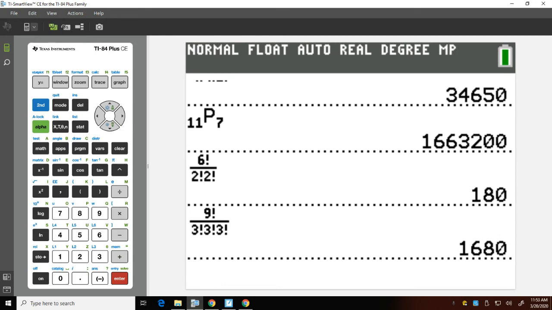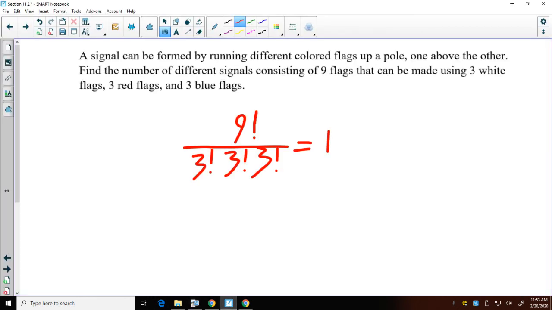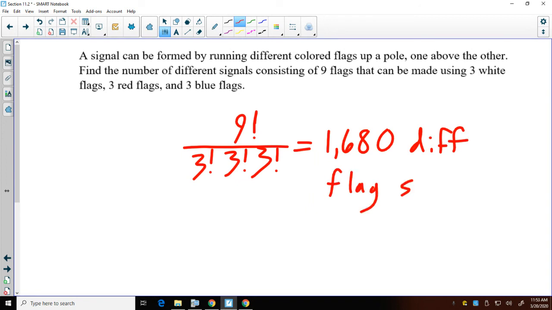And there are 1,680 different ways we can signal with flags. Or you can say 1,680 flag combinations. Flag signals.